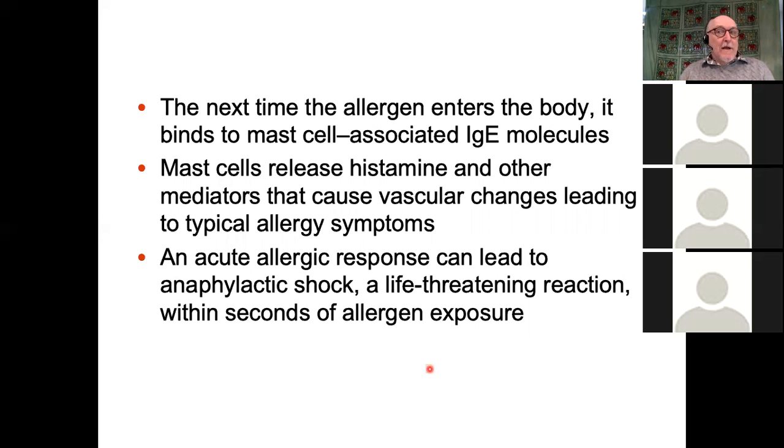The same thing also can occur with some things which are consumed. Peanut allergens, for example, diffuse across the gut and go into circulation and can do the same thing.